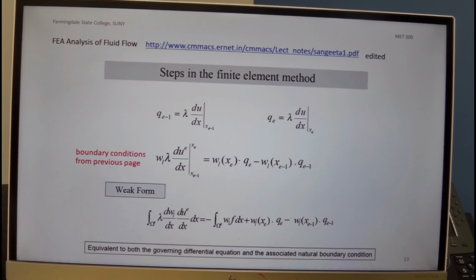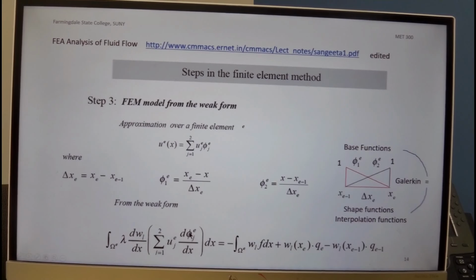And the simplification in the Galerkin method is that this weak form already includes the boundary condition, and the order of derivatives is reduced by 1. We no longer have a second order equation. Now the expressions have only first order derivatives.